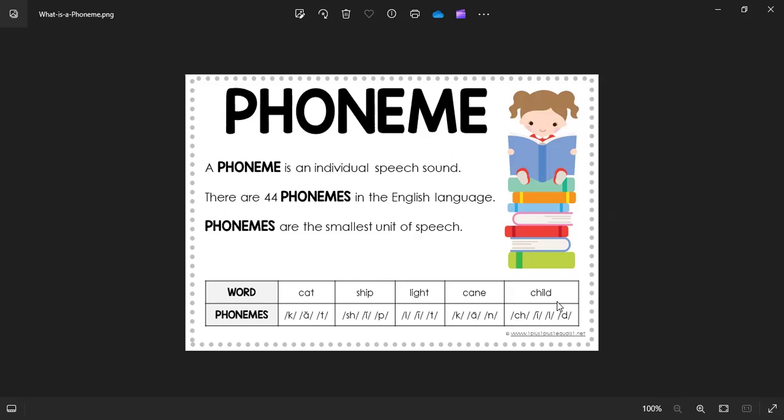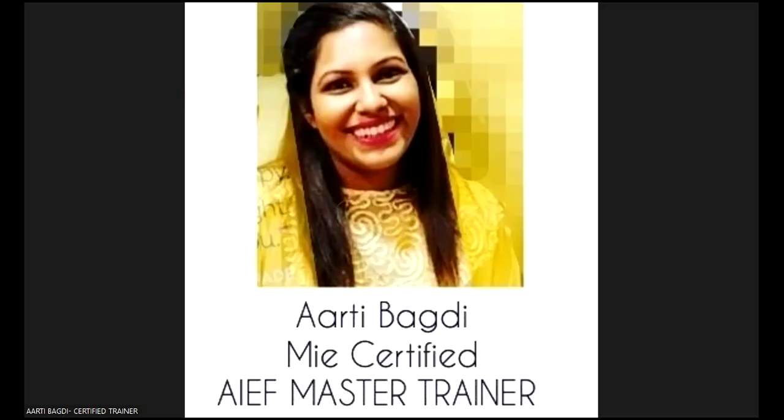This is a very basic level, a simple introduction of phonemes and graphemes. Phonemes are not a written presentation, but grapheme is a written presentation. Let's move ahead.